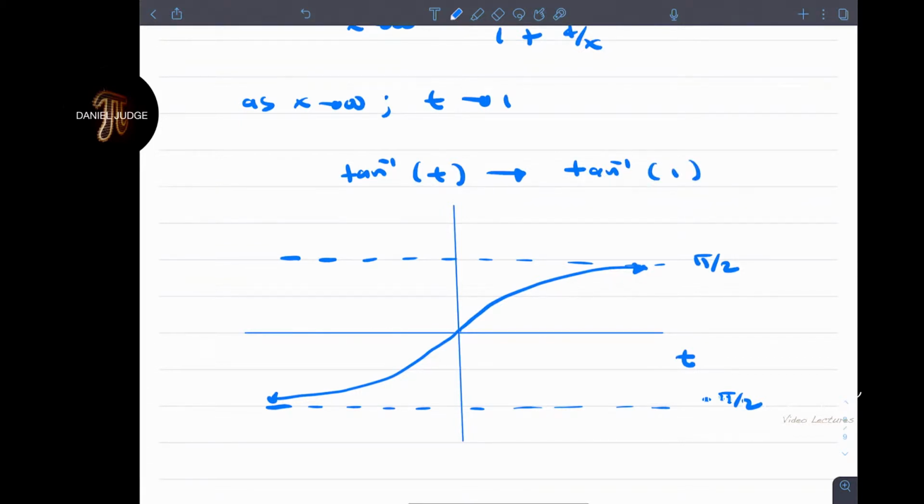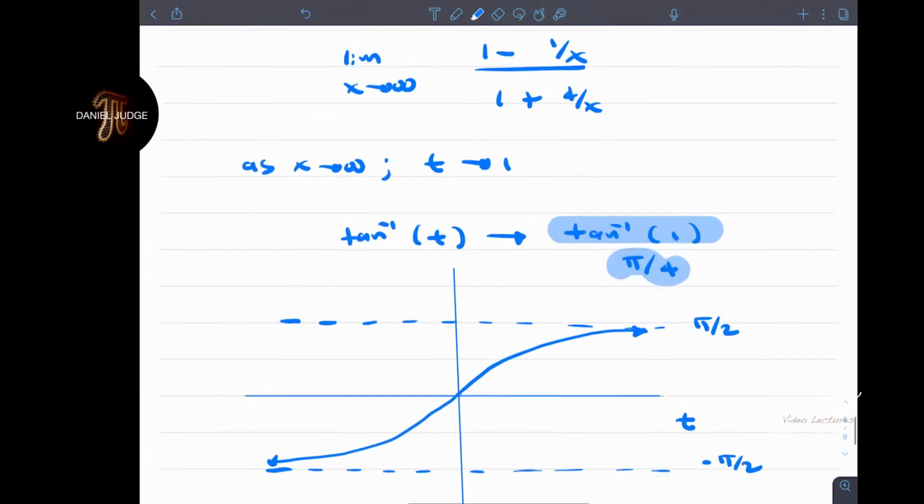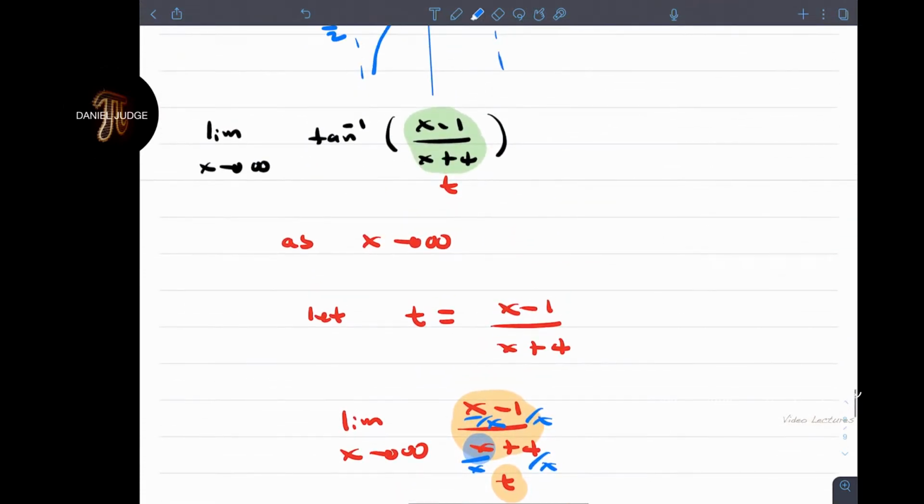So if t is going to 1, we have to know what the inverse tangent of 1 is. And that's going to be pi over 4. So this goes to pi over 4, because that's the value of inverse tangent of 1. All right, so this is the first limit, the limit as x goes to positive infinity. So this would be pi over 4.